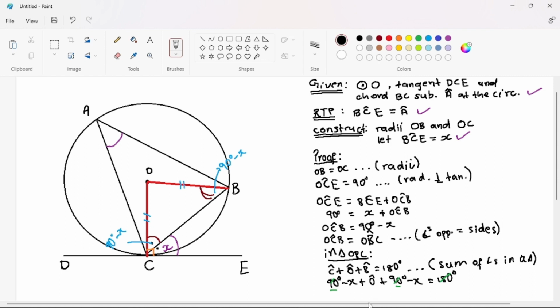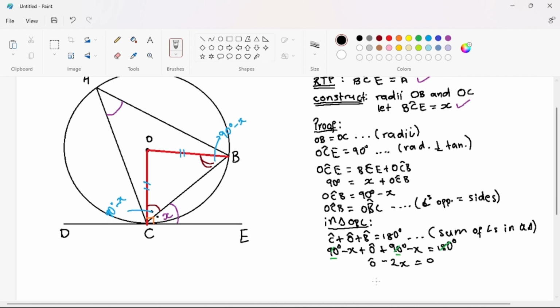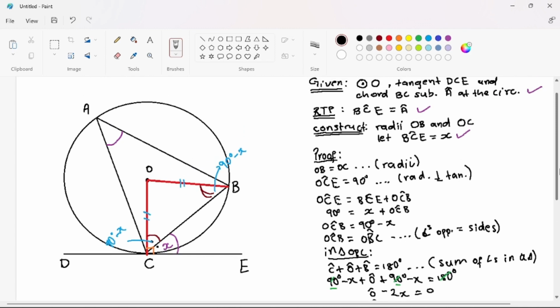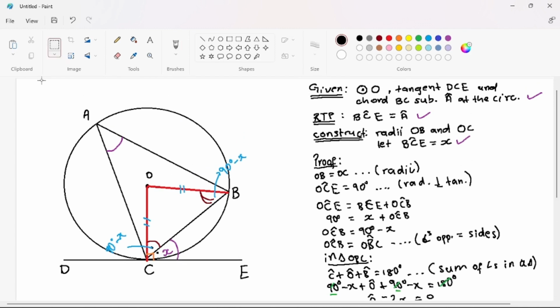And then we have minus x, that's simply going to be negative x, so we are going to have O minus 2x equal to 0. Then we are looking for O, so O is going to be equal to 2x.